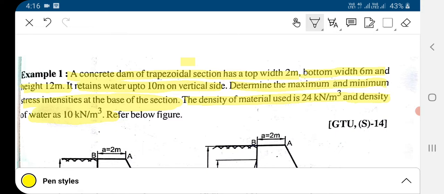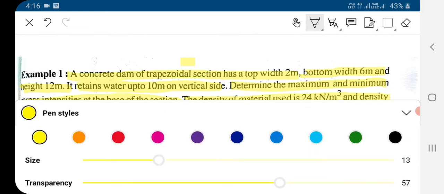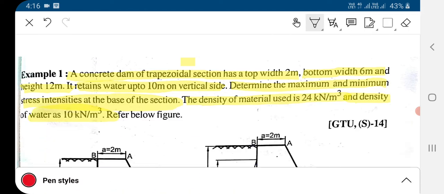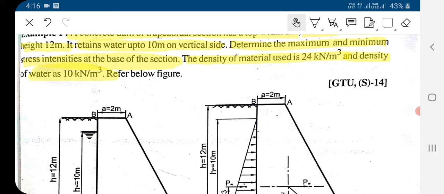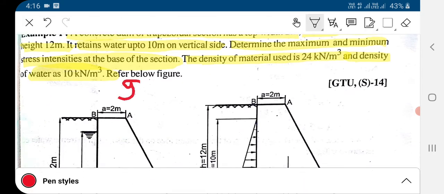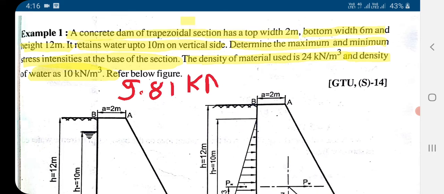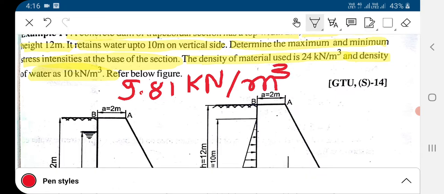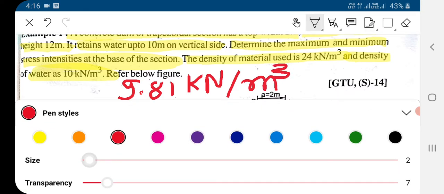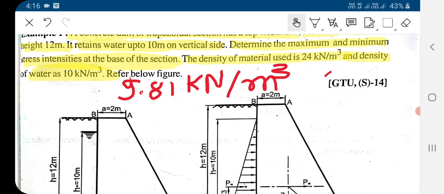If it is not given, then you can use 9.81 kilonewton per meter cube, and then you have to use this value. Okay, so let's move forward.